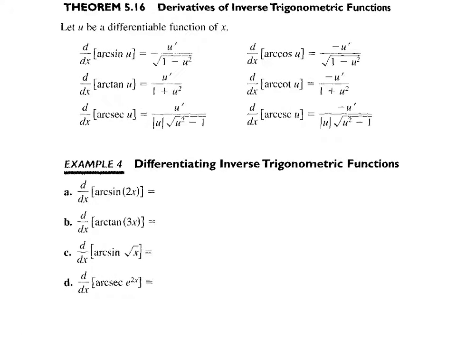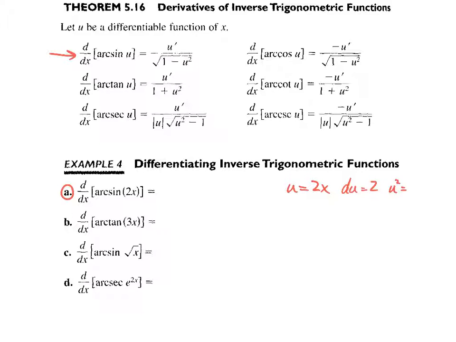So first of all, we have the arc sine of 2x. And, of course, here we're going to use this derivative formula. What is u in this case? 2x. So u prime is 2. And one other thing that you'll see occurs in all three of these is a u squared. So it might be useful for you to go ahead and write down what u squared is.